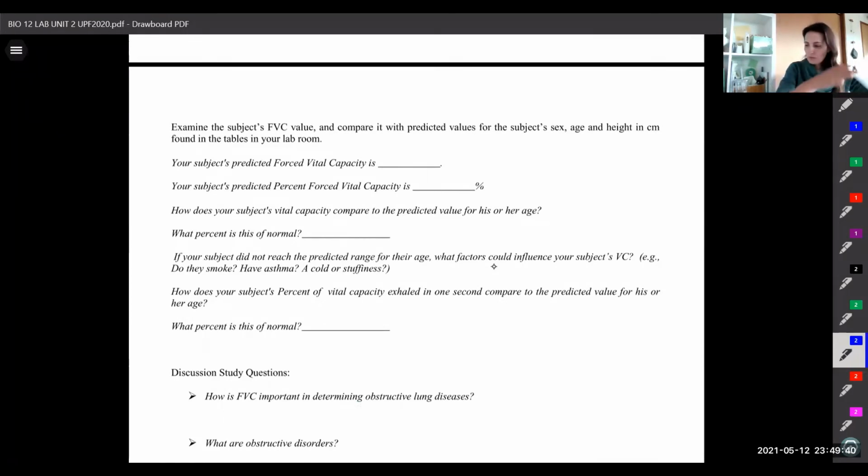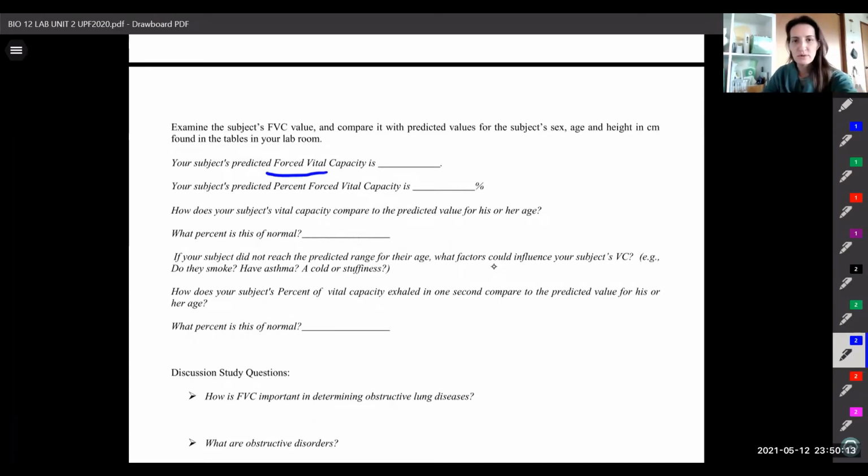Right? And what we want to see is that if we get these actual values closer to the normal value, right, the predicted, we should see 100% of normal or something close to 100% of normal for these different values here. So you're asked to write down the subject's predicted forced vital capacity, right? And the predicted is what we got from the diagram there, the forced vital capacity.